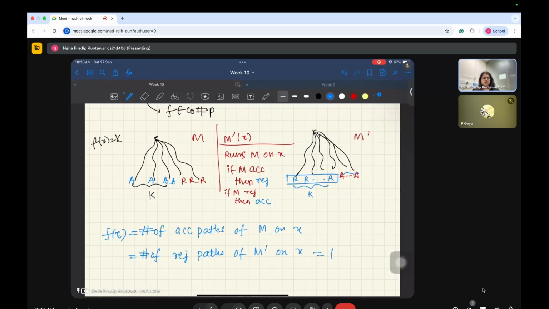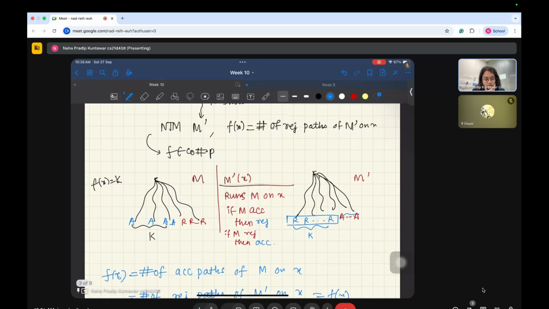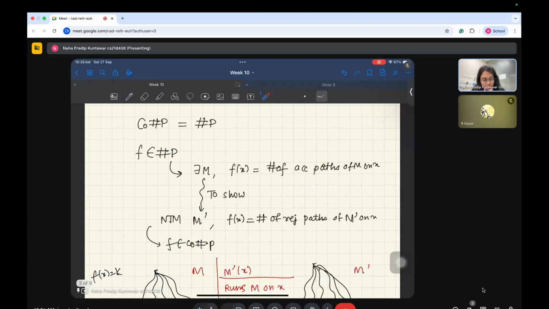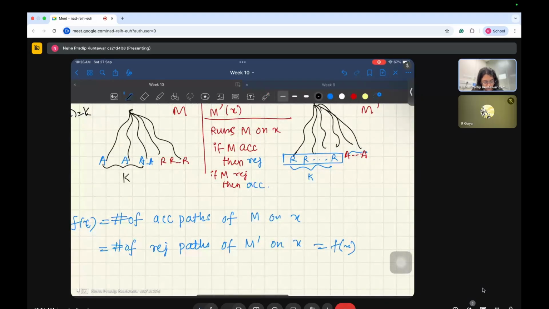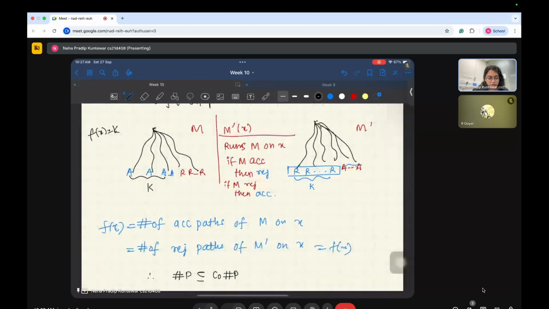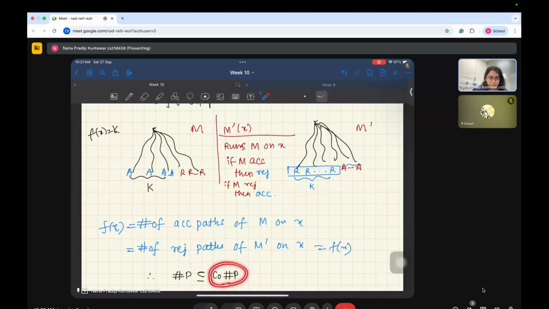This shows one direction: if f is in #P, then f is also in co-#P. So #P is contained in co-#P, and the other way around can also be shown, right? If you have a machine for co-#P, then you also have a machine for #P.